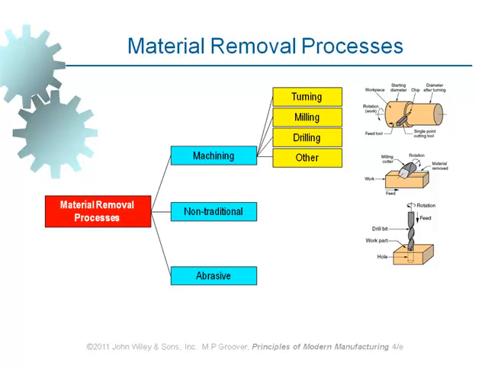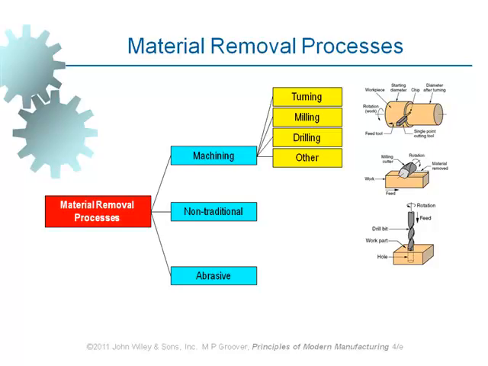Anyway, talking about machining processes, as you can see, machining processes are generally divided into turning, milling, drilling, and some other machining processes which are not commonly used, which are not used as much as the first three machining processes.